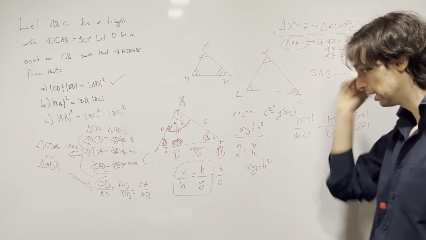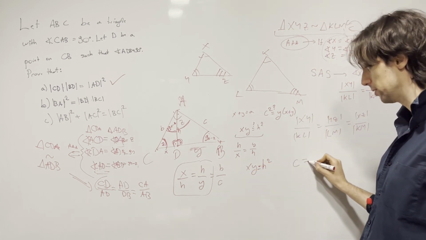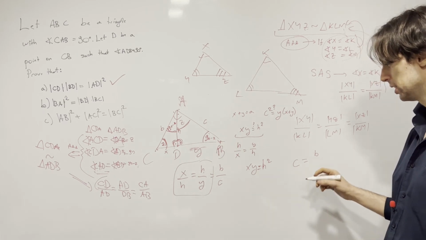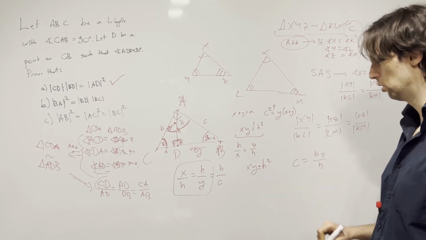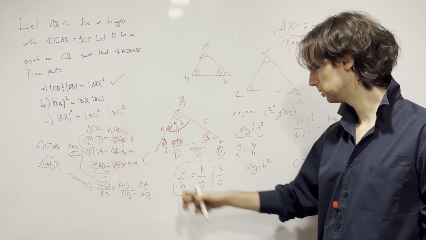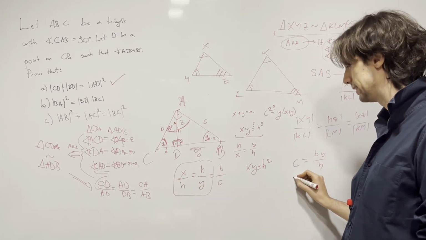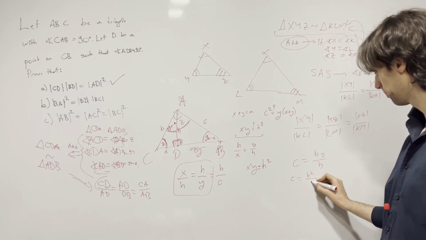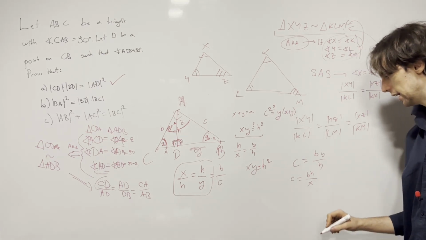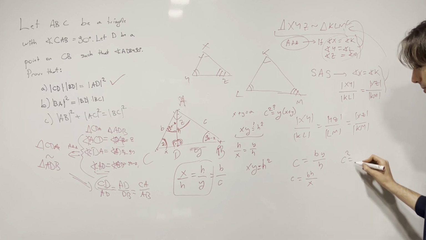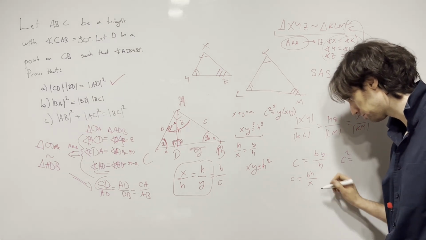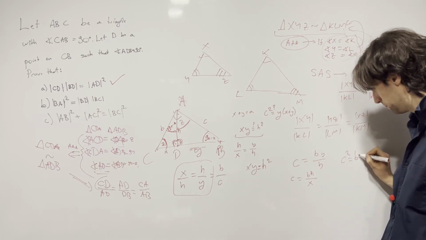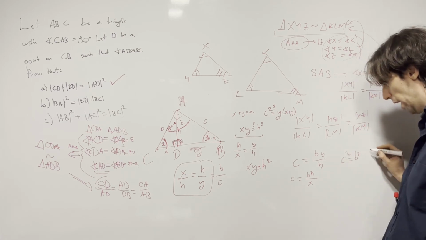I can get it by saying C over Y is equal to, as I put C here, Y and H I put here, BY over H. But if I look at these two things, I'll get C is equal to BH over X. And then I'll get that C squared is in fact equal to, the H's cancel out, and we're left with B squared times Y over X.